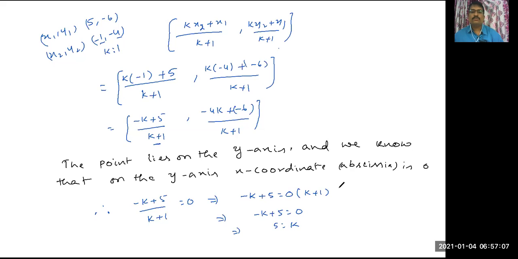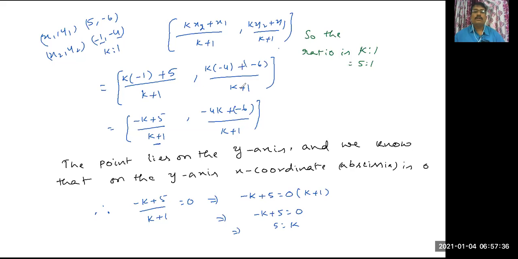సో ద రేషియో ఏమొచ్చింది ఇక్కడ? So the ratio is k is to 1, that is equal to 5 is to 1. అయిపోయింది కదా.